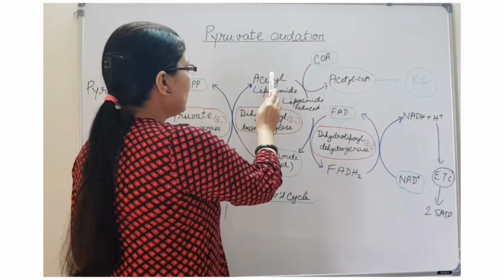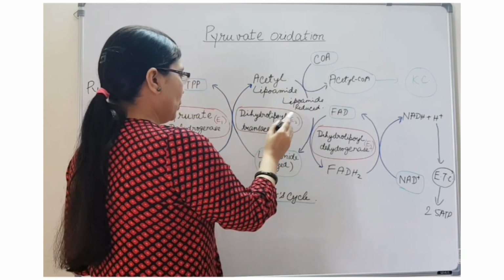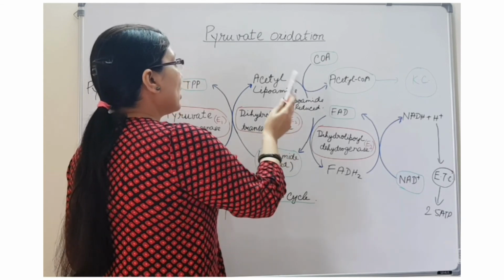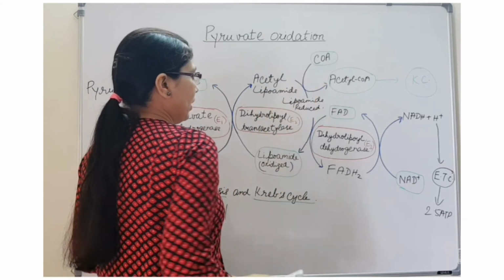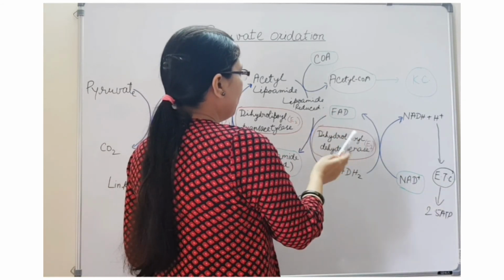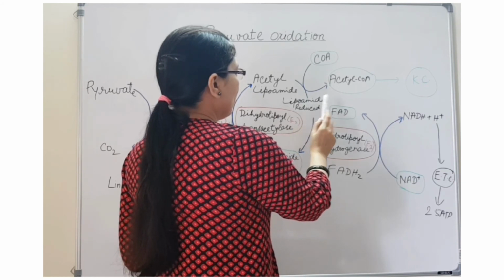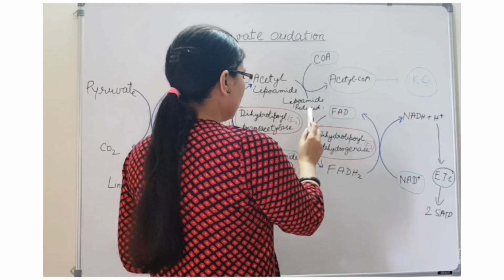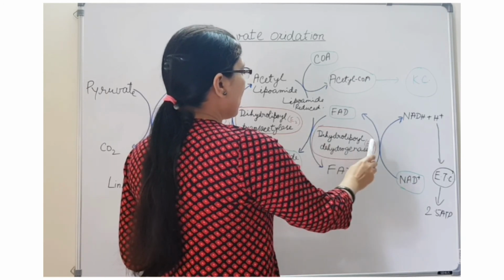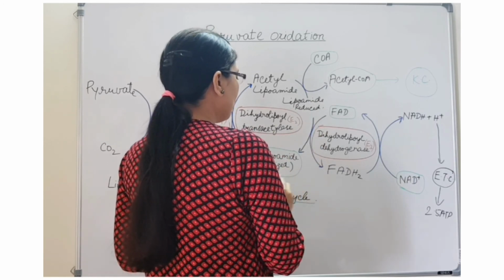In this step, acetyl group is transferred to coenzyme A to form acetyl coenzyme A. Thus we can say the dihydrolipoyl transacetylase catalyzes the transfer of acetyl group to coenzyme A. Now here we can see that the reducing equivalent of lipoamide is transferred to FAD and it is self-oxidized. Thus dihydrolipoyl dehydrogenase catalyzes the reoxidation of lipoamide.